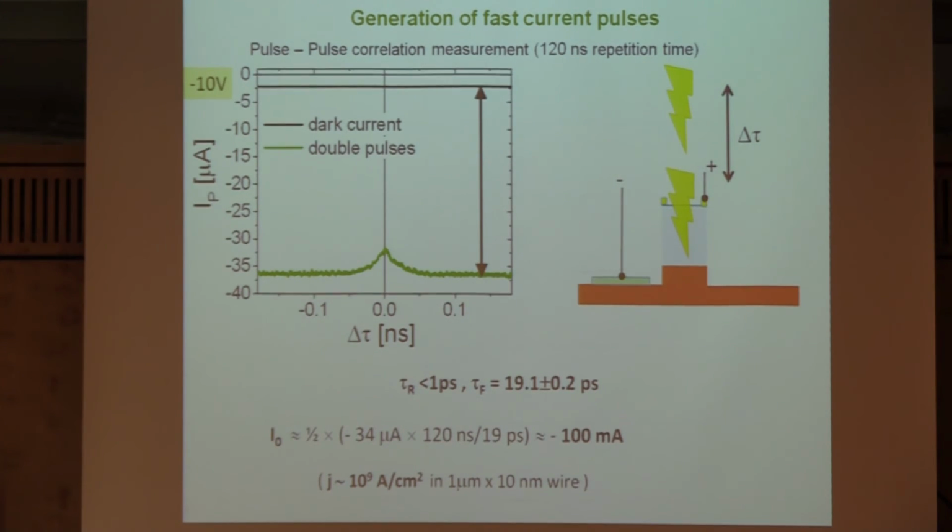Normally, people think about demagnetization of the magnetic material and getting fast switching due to this demagnetization, due to the exchange field. Here we use the spin orbit field, which we apply for a very short time. We translate this femtosecond pulse into a picosecond current pulse and hope to be able to manipulate this.